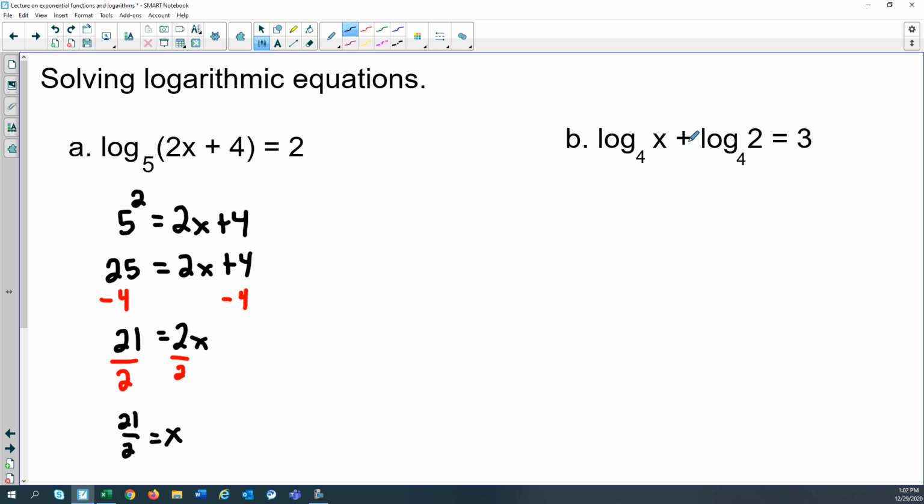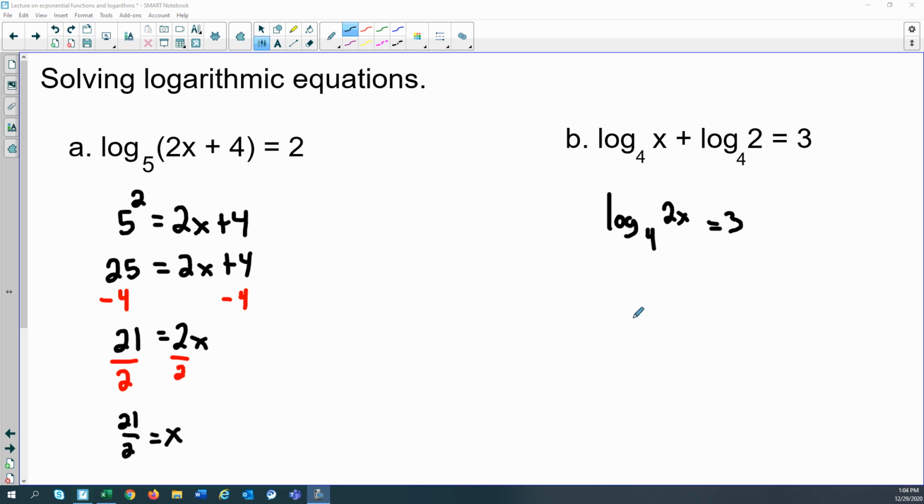And if you remember, when we have the addition of two logs with the same base, we can combine those, and we just multiply the values on the inside. So x times 2 would just give us 2x equals 3. Okay, and see if you can try to finish this one real quick, and then I'll come back and finish it for you.